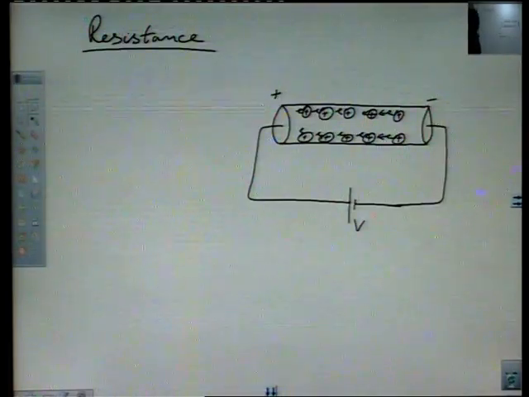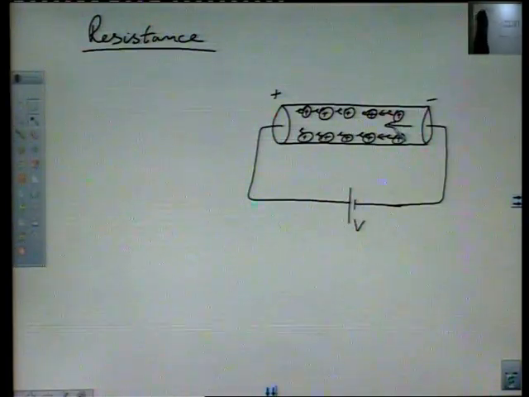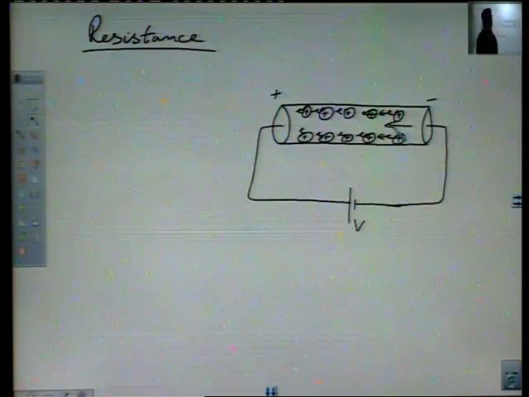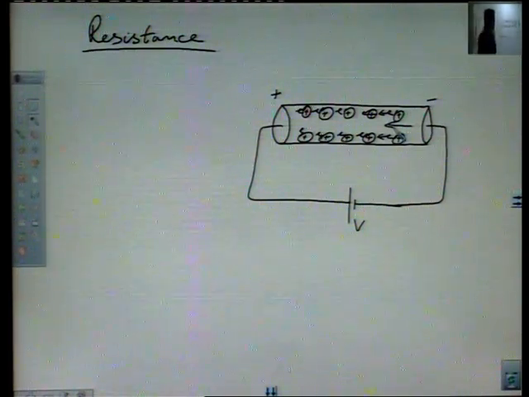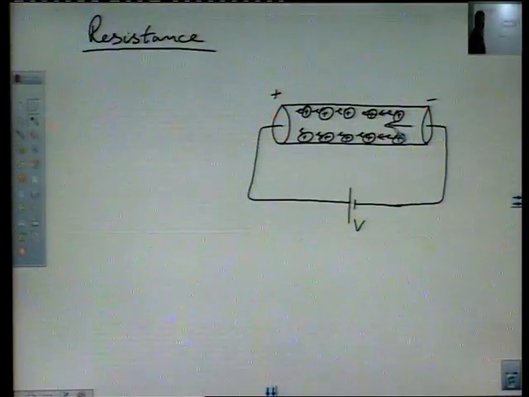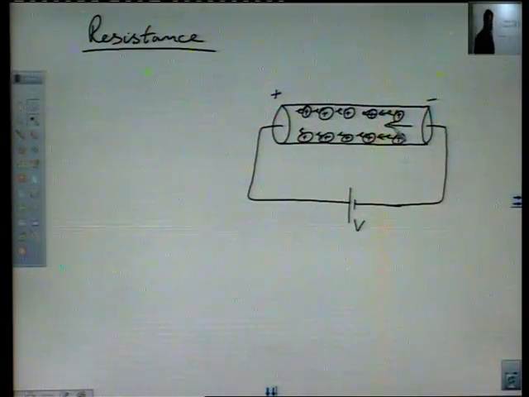During their movement through the material, they undergo a large number of collisions with the surrounding atoms, electrons or kernels, and as a result of these collisions, the material of the conductor through which the charge is flowing offers a hindrance to the flow of charge through it. This hindrance offered by the conductor to the flow of charge through it is called the resistance of the material. So, what is resistance?